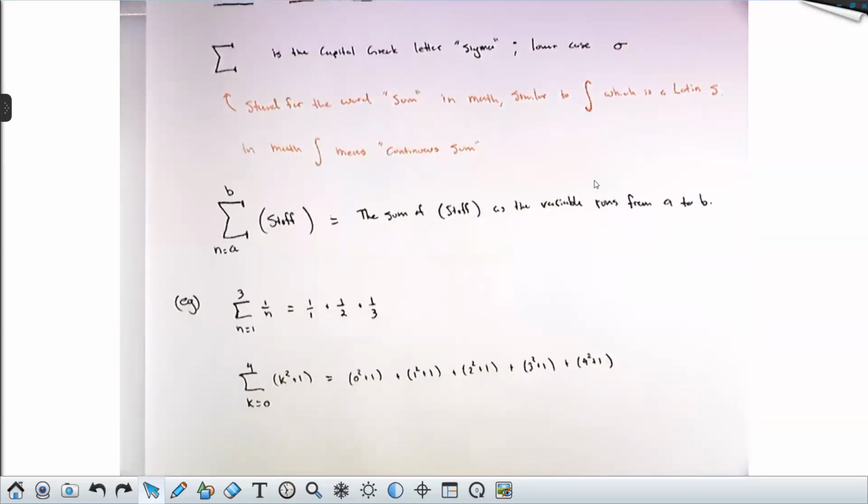And I'm sure any of you could clean that up, right? This is just 1 plus 2 plus 5 plus 10 plus 17. You figure out what that is, right? It's not hard.